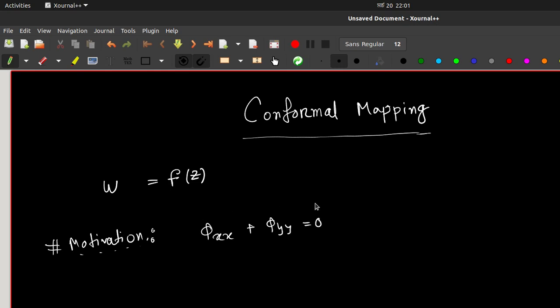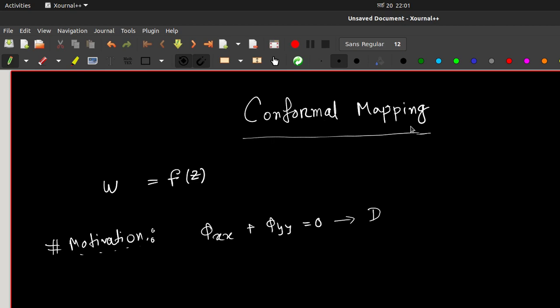To solve this kind of equation, one can adopt many methods, but it turns out that if this equation is defined in a domain, then the solution would be greatly simplified if we could map the domain into the upper half plane or into a unit disk. And this is where we will use the tools from conformal mapping.